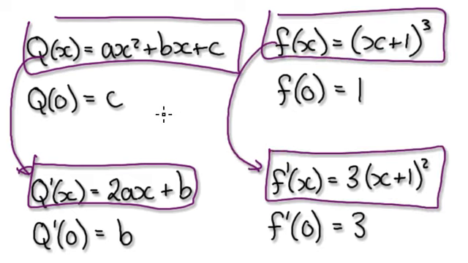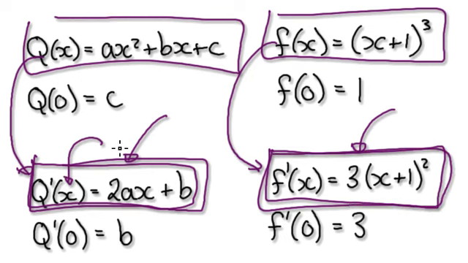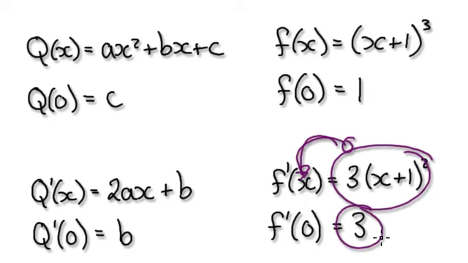Now we create our quadratic in such a way that the first derivative of our quadratic will be the same as the first derivative of our original function. So put 0 into here; this term will get killed off, leaving you b. Now put 0 into the derivative of the original function; this whole thing will be 3.